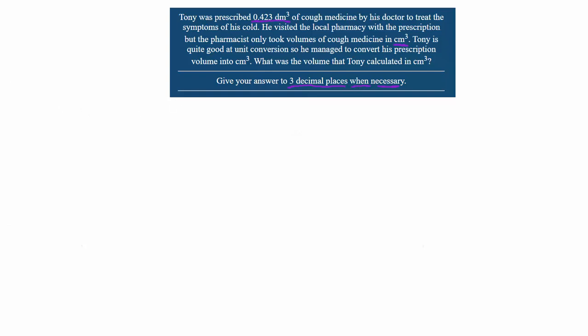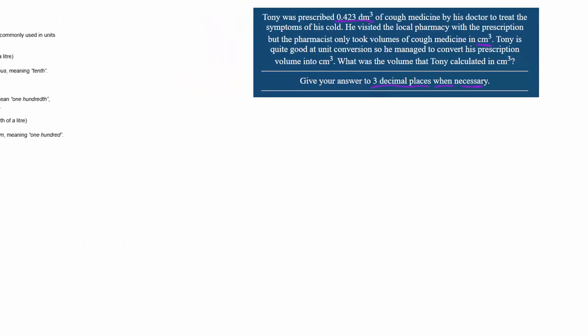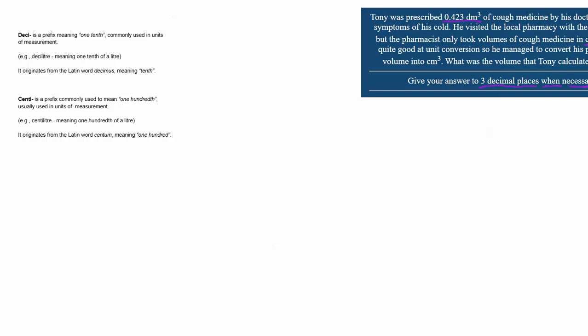So, well, here we're converting dm³ to cm³. So we're going to first refer to the definition of both. So I have this here where we've got deci, which means 1/10, originating from the Latin word decimus.